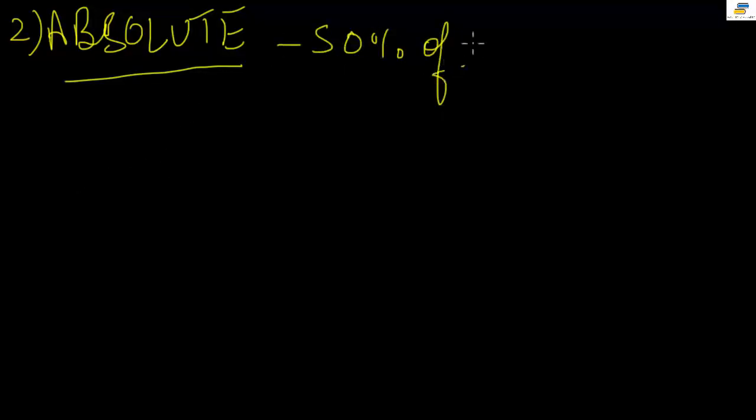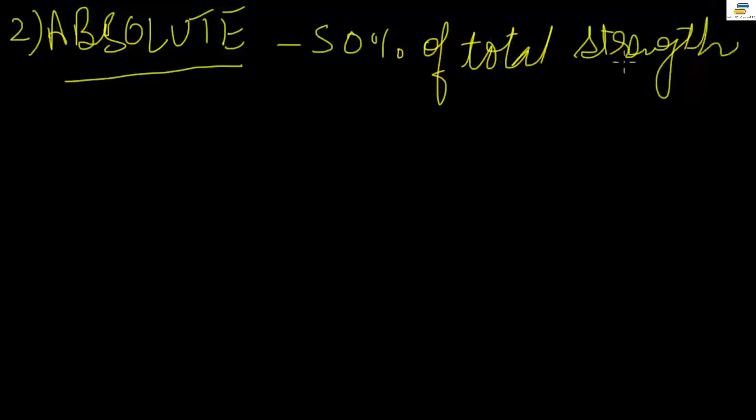Now let's talk about the second kind of majority, that is absolute majority. Absolute means something bigger, something whole, right? It simply means 50% of the total strength. In simple majority, we were taking 50% of those present and voting, but here it is 50% of the total strength.